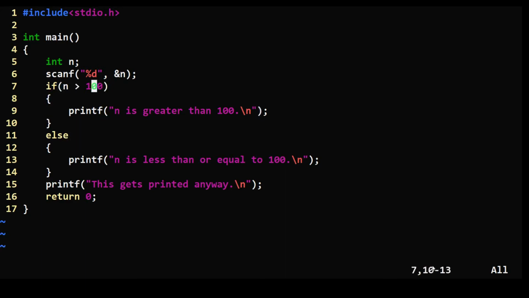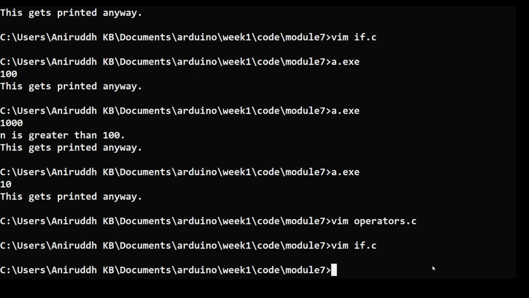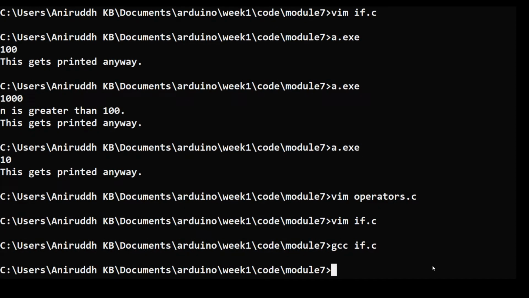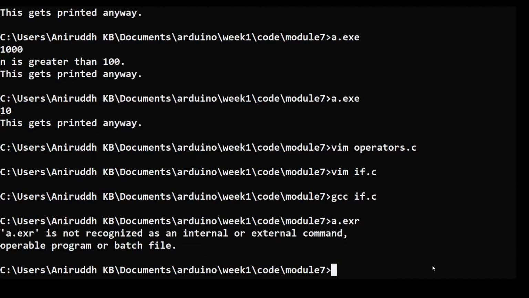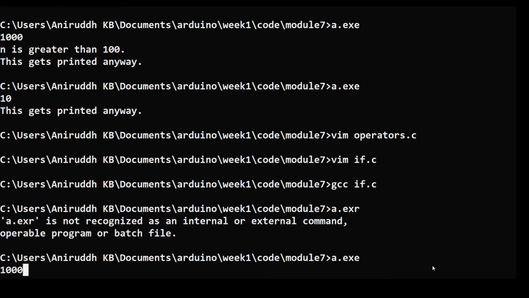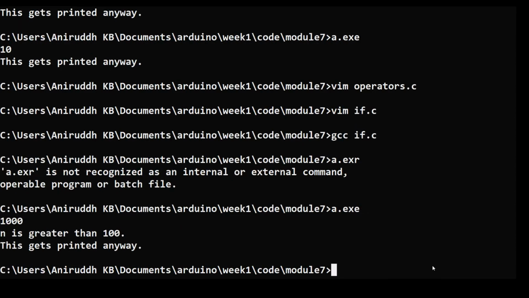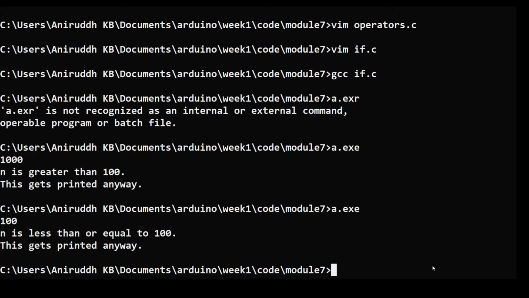However, if this evaluates to false, this will be printed, or rather this thing is what is executed if this evaluates to true, and this thing is what is executed if this evaluates to false. Let's see if it worked. It worked.